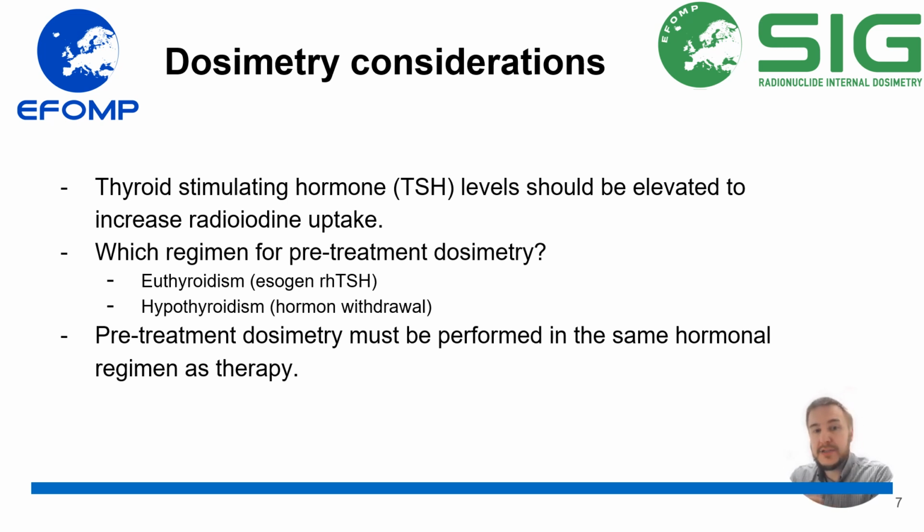Either we can make the patient euthyroid, where we give them rh-TSH, so an artificial TSH, or we can withdraw their thyroid hormone prior to therapy, so then they are treated on a hypothyroidism approach. The main thing to mention here for dosimetry is that if you do pre-treatment dosimetry, it must be done in the same hormonal regimen as therapy, because it very much can change the uptake and the half-lives and everything in the lesions and the targets.